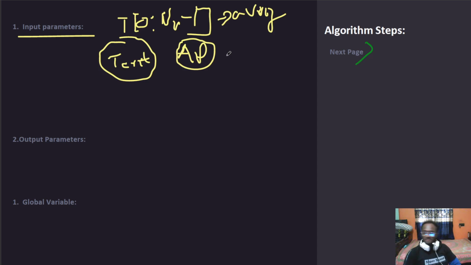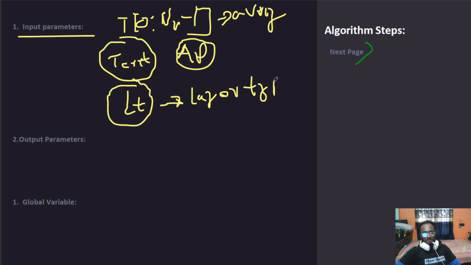After that we are using another parameter called LT, the layer type. Layer type means the type of DNN layer currently executing, which affects the memory patterns. It may be a hidden layer or an input layer.